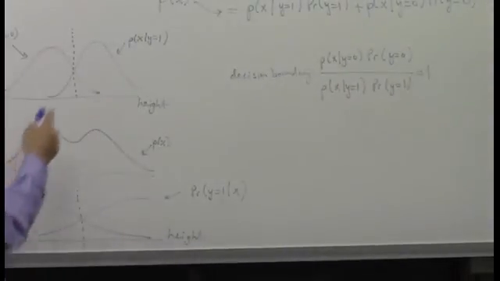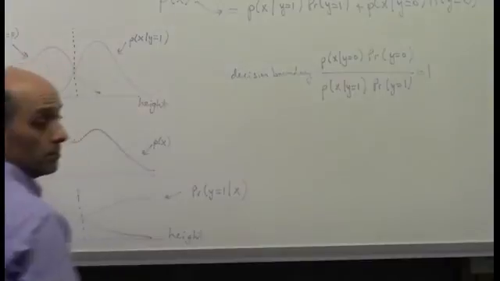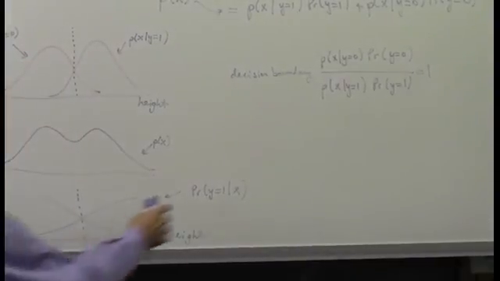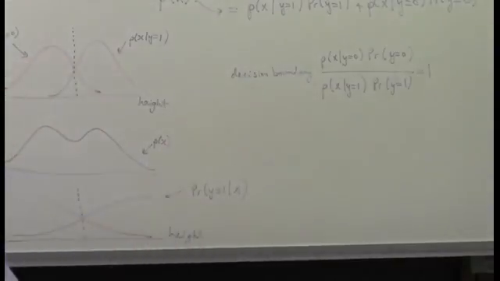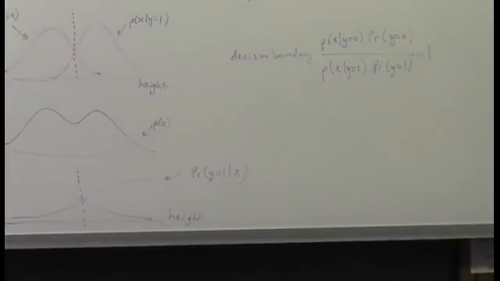The numerator and denominator are equal to each other in this case. That's your decision boundary. On the other hand, if the numerator is bigger than the denominator, then I'm going to be in class 0. If the denominator is bigger than the numerator, then I'm going to be in class 1. My decision boundary is when those two probabilities are the same.